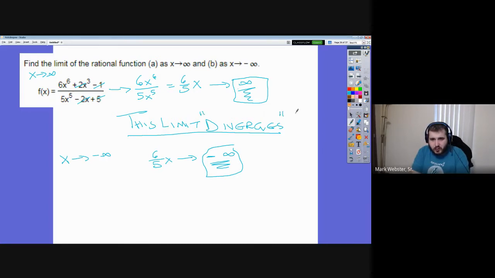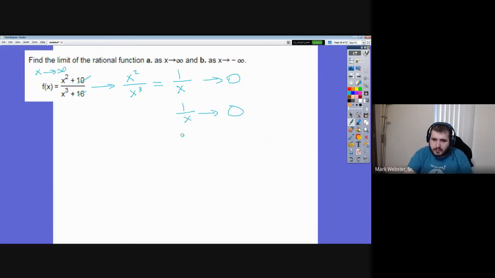The limit diverges. On the AP exam, you could say this limit diverges to infinity. It goes to infinity, but the key is that it doesn't hit upon some kind of whole number. It doesn't hit upon a target number, like all the rest of these absolutely did.